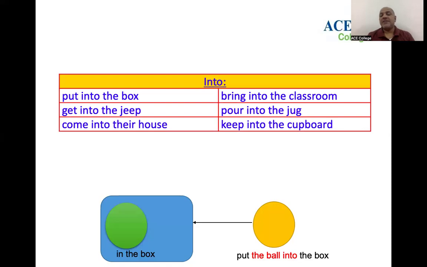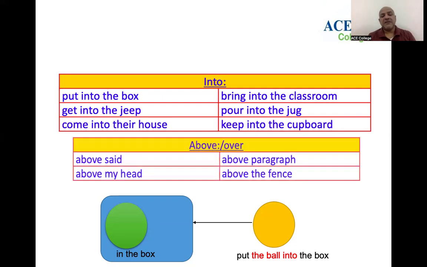Or you can say there is a pen in the box. Already it is there, you can say in the box. If you are going to put inside, you have to say put into the box. So that is the difference. So put into the box, get into the jeep, come into the house, bring into the class, pour into the jug, keep into the cupboard. So you are putting it. Okay. So that's the difference.